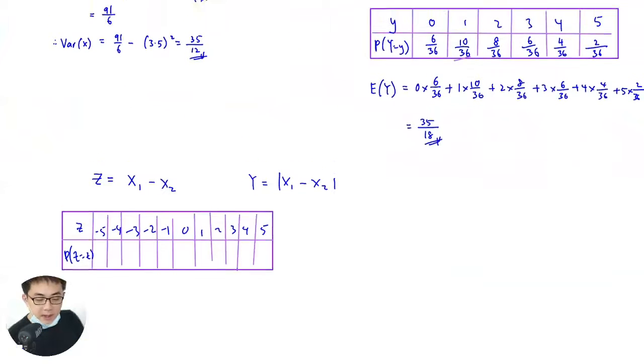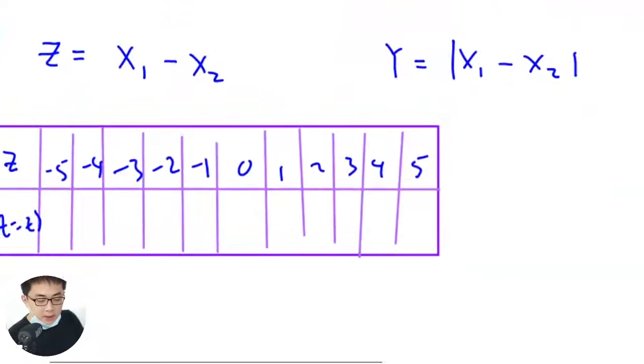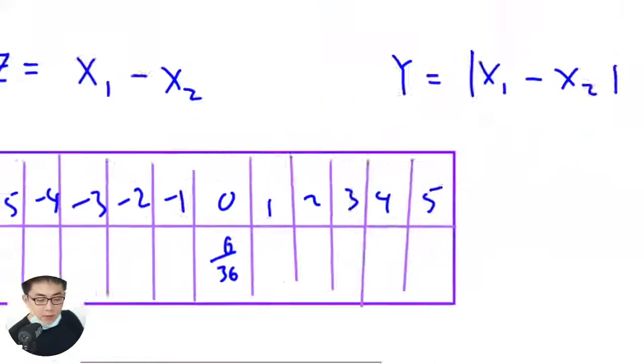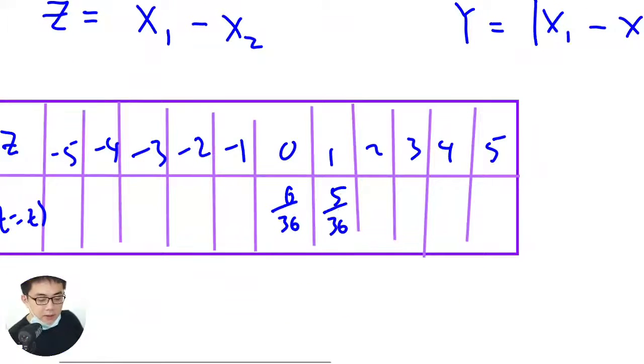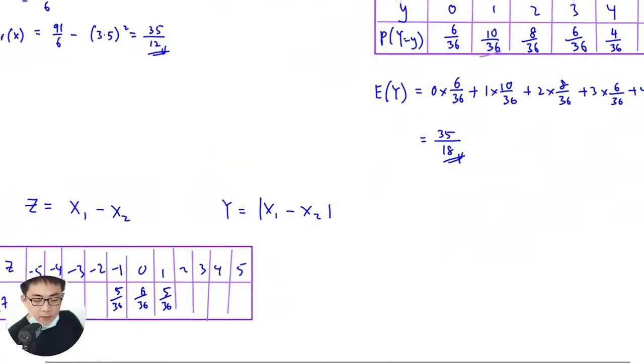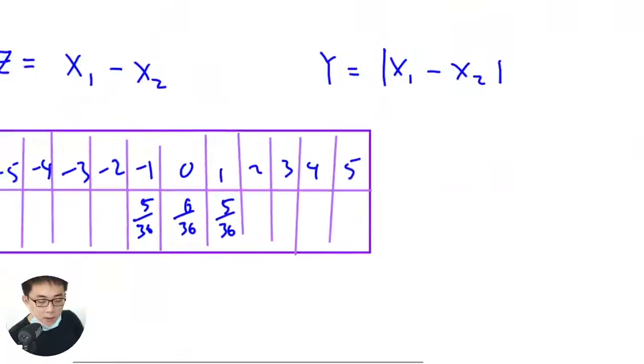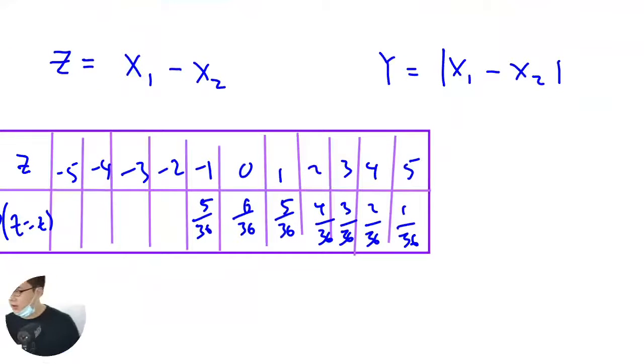By understanding my Z, I know that the chance at 0 will be 6/36. For 1, it will be 5 instead of 10, because it will be divided, half of it. Then that will be 4, 3, 2, 1. Is that okay? Just by looking at the equation, I get to understand what's going on.